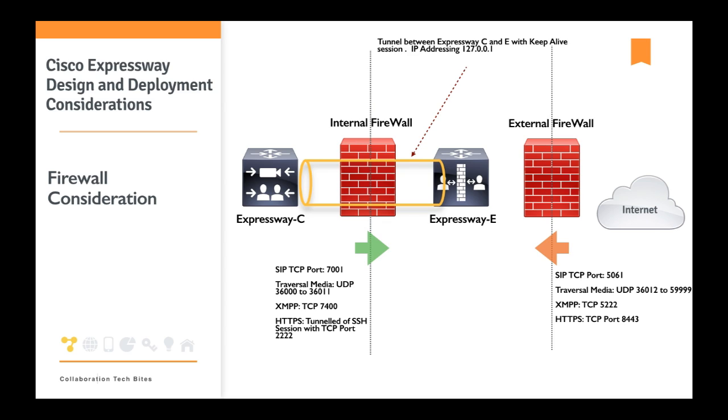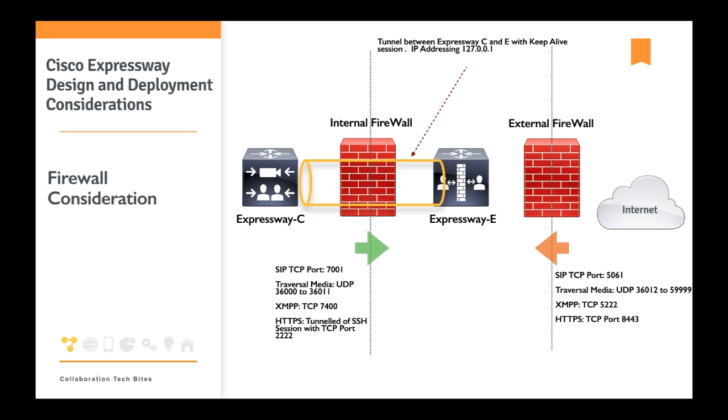XMPP is using TCP 7400 outbound from Expressway C to Expressway E, and HTTPS is tunneled through SSH with TCP port 2222. This is from Expressway C through the internal firewall to Expressway E.